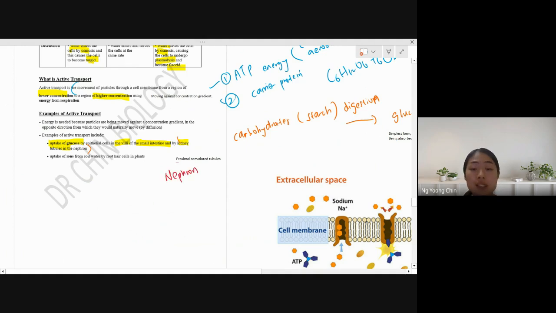What is a nephron? Okay, a nephron is a functional unit of the kidney. In one kidney, you contain billions of nephrons. So the nephrons help to filter the substance. Let me draw you an example of a nephron. It will be something like this.